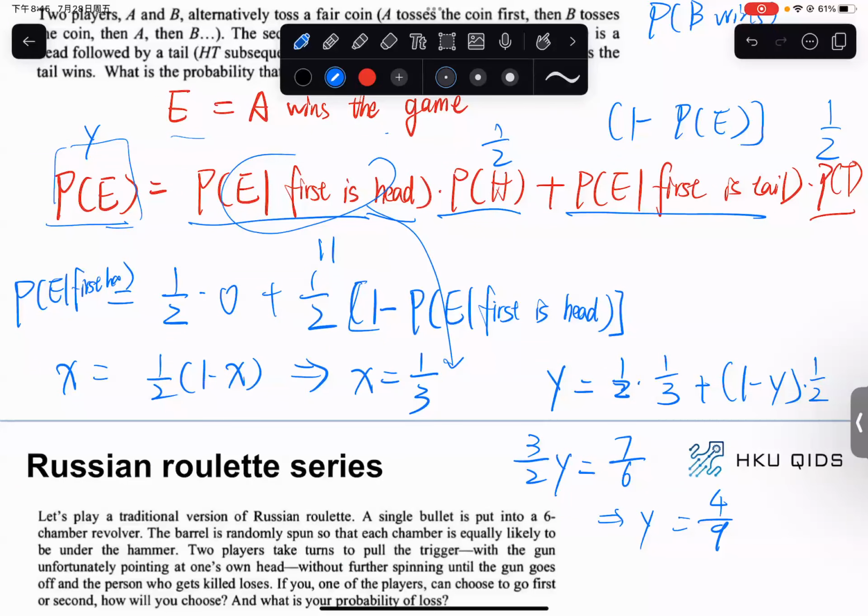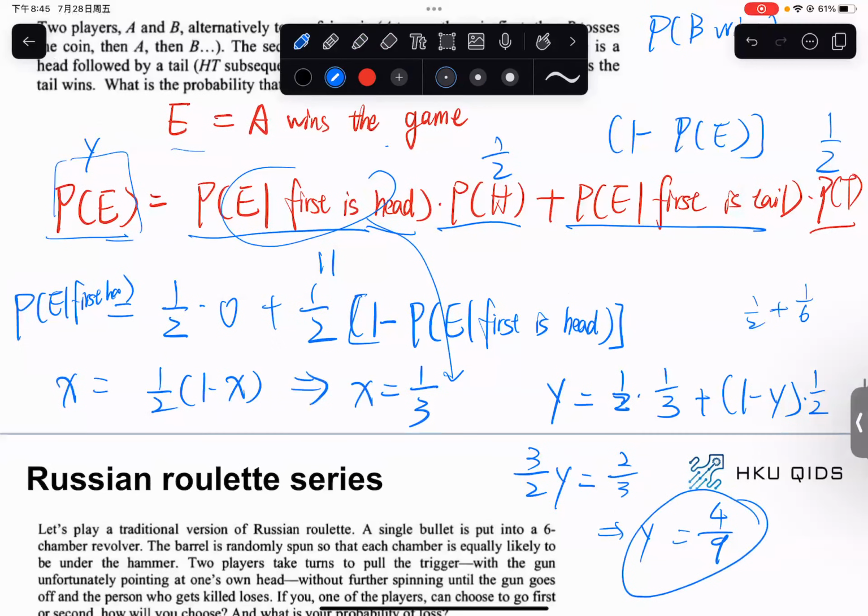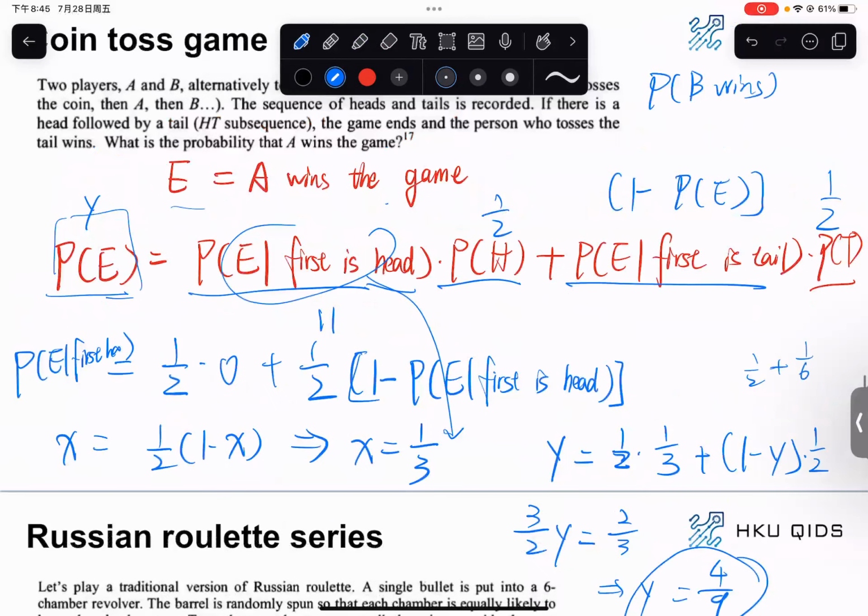Oh yeah, sorry. So this is 1/2 here plus 1/6, so it is 2/3. Yeah. So the probability that A wins the game is 4/9.